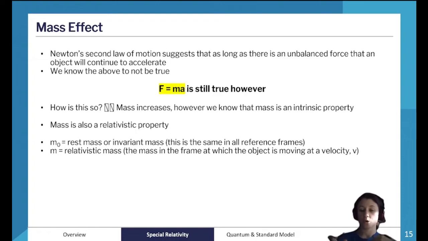M naught will be the mass of the particle if there was a tiny, tiny man standing on top of the particle and watching it, and holding onto it, because that is the frame in which the particle isn't moving. That man does not see the particle moving, he sees the room moving. So the tiny man on top of the particle would measure the rest mass, and then the scientist observing would measure the relativistic mass. So m naught is always going to be smaller than m.